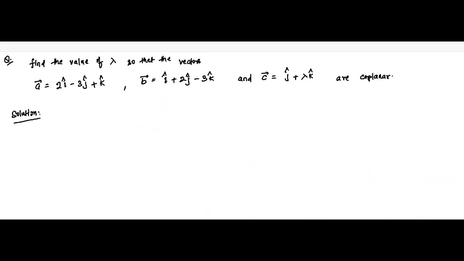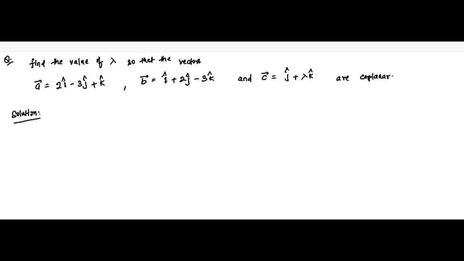So here is another question on coplanar vectors. It has been asked to find the value of lambda so that the vectors a vector, which is 2i cap minus 3j cap plus k cap, b vector, which is i cap plus 2j cap minus 3k cap, and c vector, which is j cap plus lambda k cap, are coplanar.